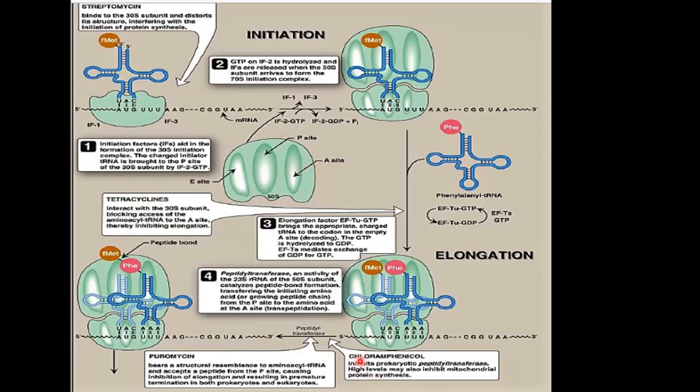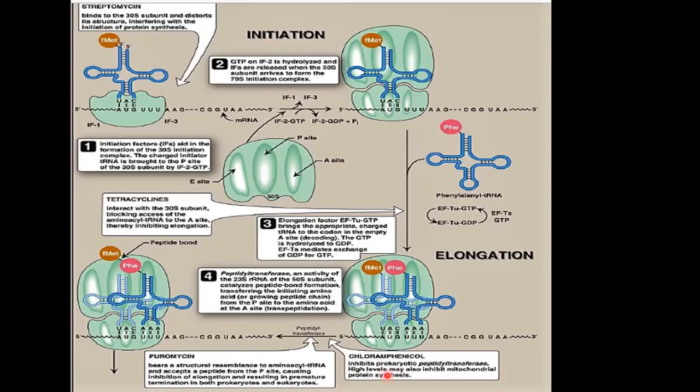Okay. Then we have this other one, peptide transferase activity of the large ribosomal subunit is inhibited by chloramphenicol in prokaryotes. Now, chloramphenicol acts in prokaryotes, but high levels of chloramphenicol might inhibit mitochondrial protein biosynthesis.